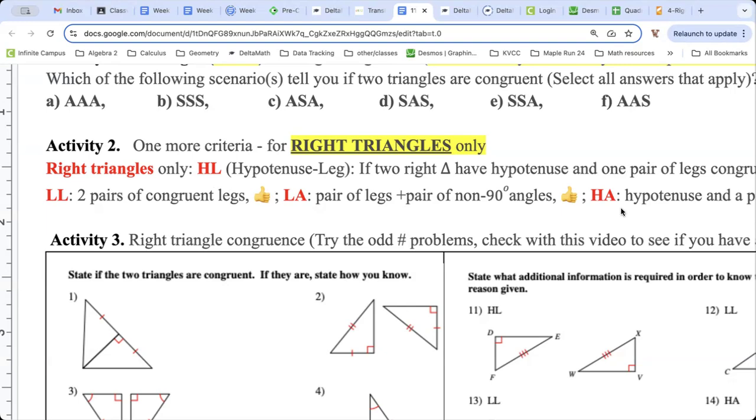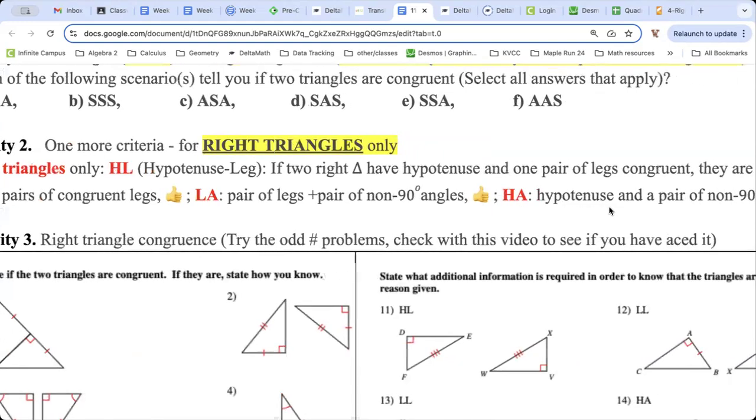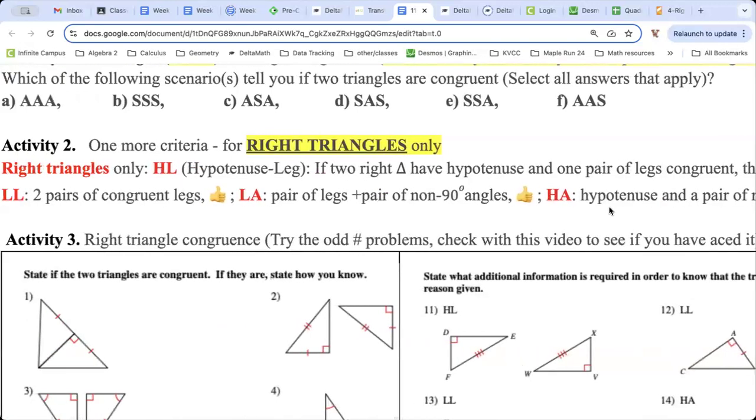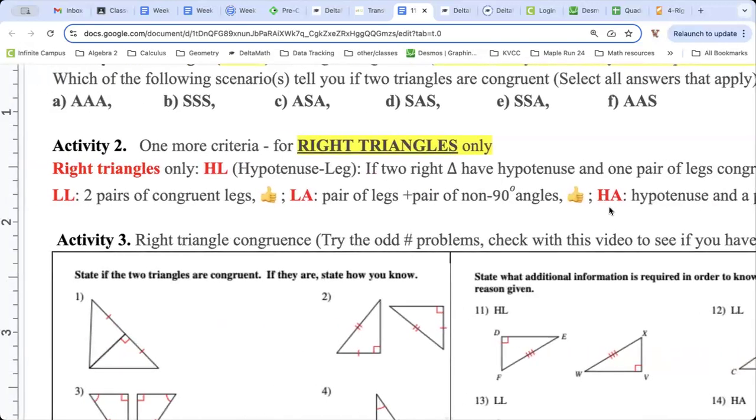If the hypotenuses are congruent and one pair of the non-90-degree angles are congruent, you can say the two right triangles are congruent. That starts with hypotenuse: HL, HA.